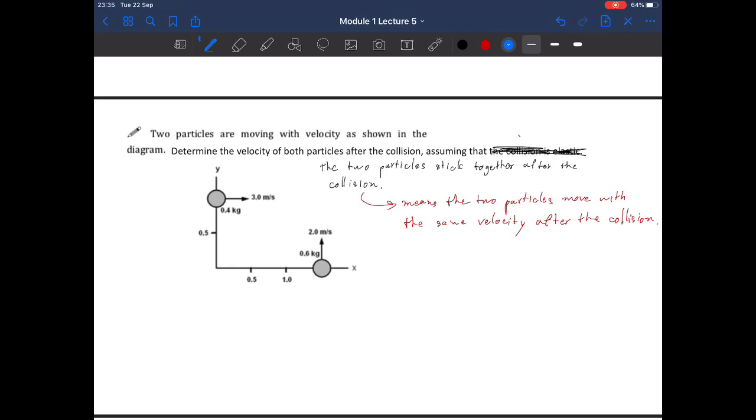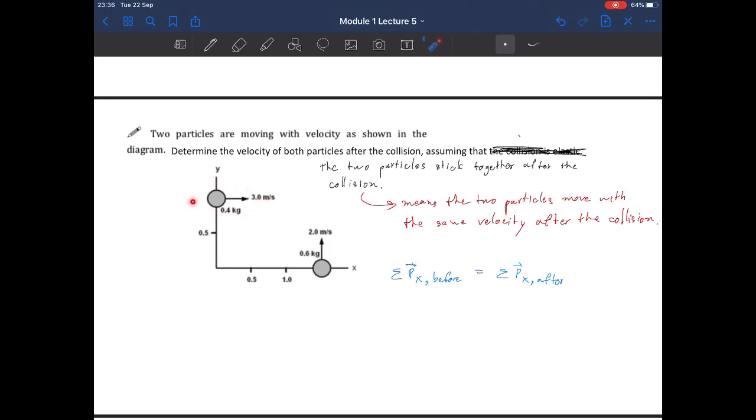First of all, we write down the conservation of momentum, and in this case it's just the collision in two dimensions. So we need to write down two equations for momentum in x direction and momentum in y direction. First of all, the momentum in the x direction, so sigma px before must be equal to sigma px after. Okay, so what is the total momentum in the x direction before the collision?